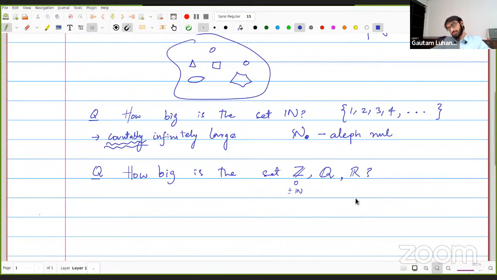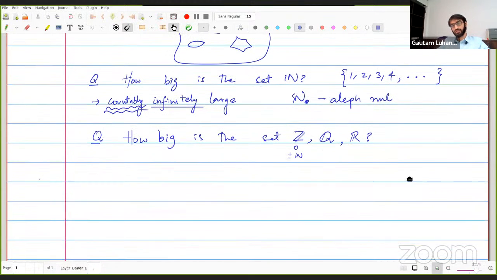We know that they're all infinitely large, but are they the same kind of infinite? That is really the question I want to approach today.